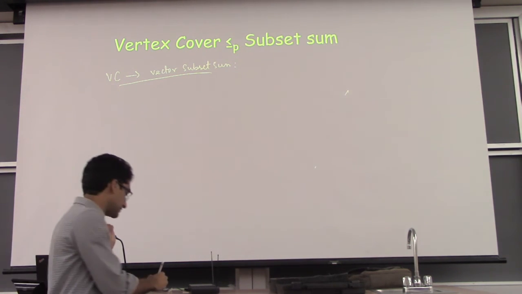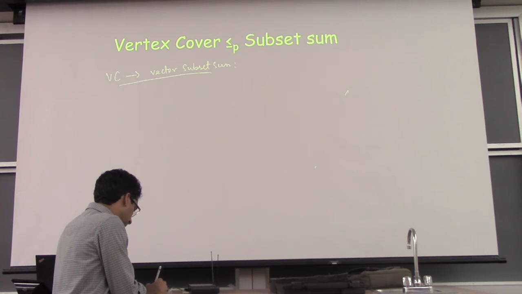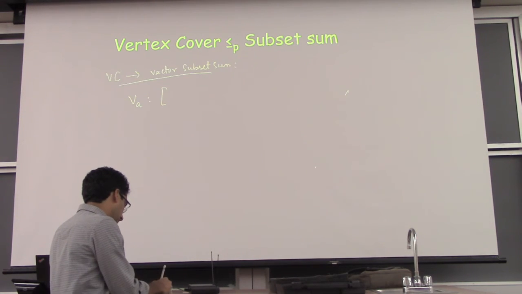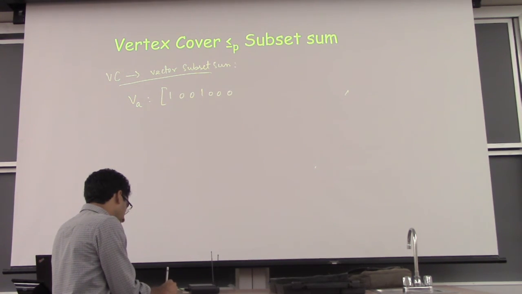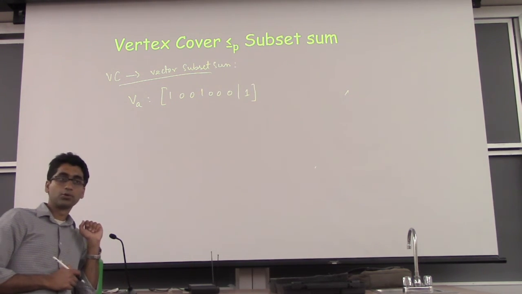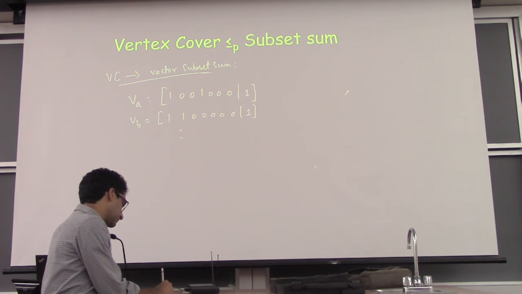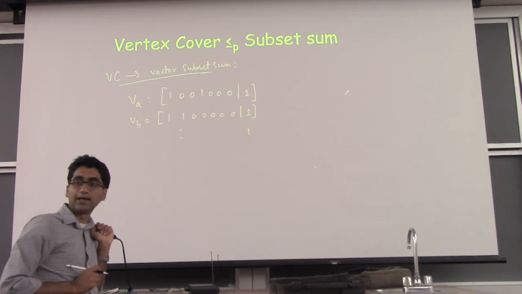So for every VA, you have whatever you had before, 1, 0, 0, 1, and this extra coordinate which is 1. And same thing for VB: it has 1, 1, 0, 0, and the extra coordinate that's 1, and so on. So this is 1 for all of these.